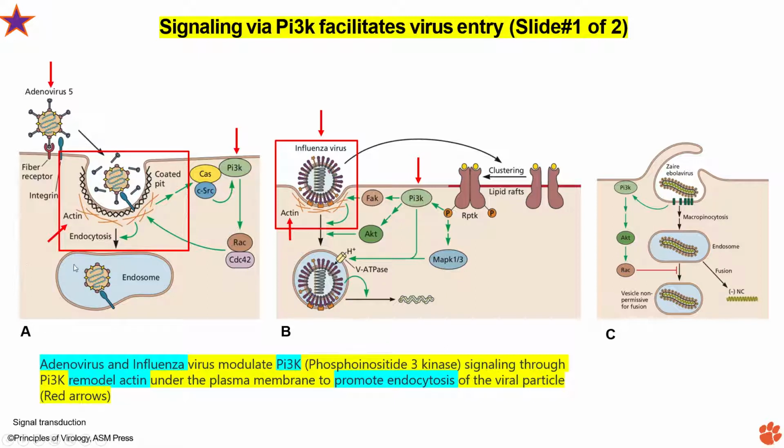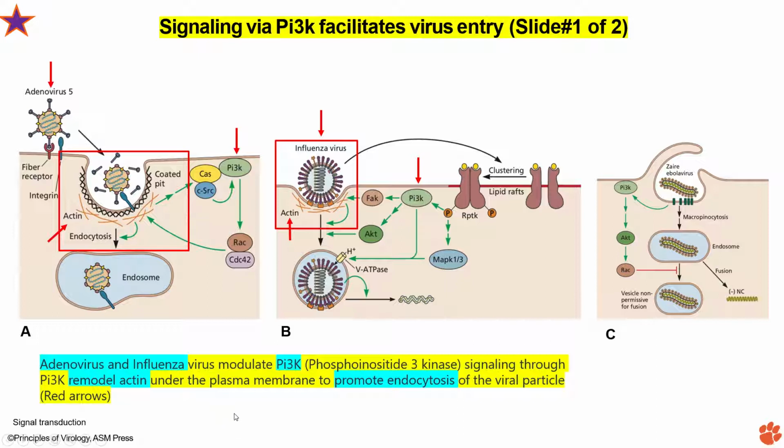So the first question we are asking right here is that the adenovirus modulates the PI3K, phosphatidylinositol kinase, and what the PI3K basically does is this actin remodeling. And this actin remodeling basically loosens up the area underneath the plasma membrane so that endocytosis can occur. So we are asking for the mechanism.